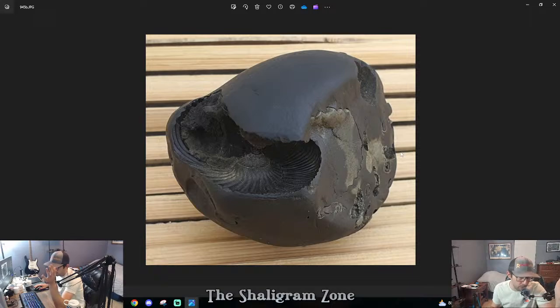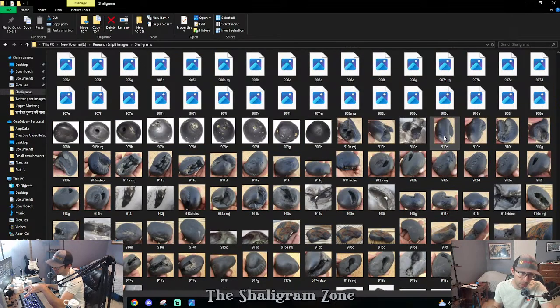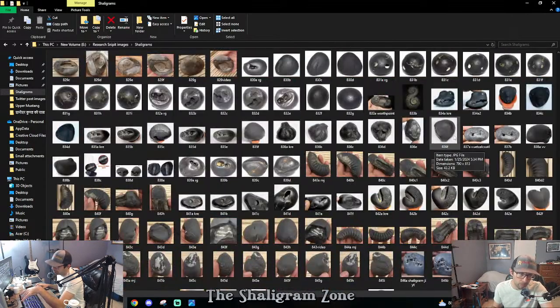This flat face was a flat face of an ammonite, and then the backside all the way over here was basically a chamber of an ammonite, the last chamber of an ammonite that then itself became an ammonite, or had an ammonite imprinted into the chamber itself. But the whole shaligram is a piece of a larger ammonite that is no longer part of it.